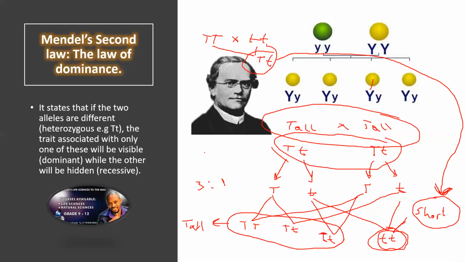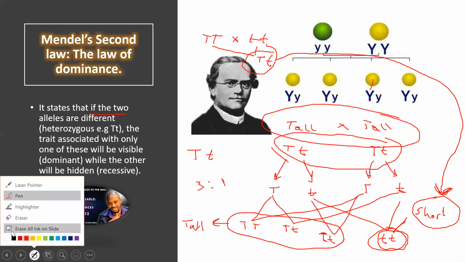So he therefore established his second law after doing this experiment many times to increase the reliability. He established the second point, or the second law, which stated that if two alleles are different, this is it here, heterozygous.